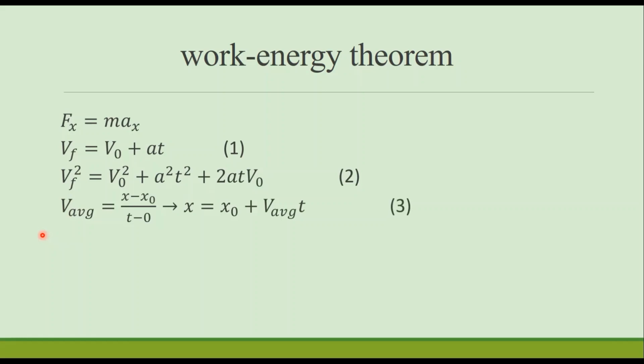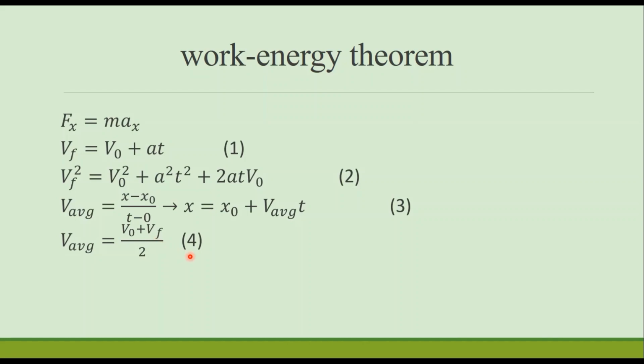As we know, the average speed is determined by dividing the total distance traveled by the amount of time taken for the movement. By utilizing this equation, we can derive equation 3. Due to the constant acceleration of movement and the linear function of velocity mentioned in equation 1, the mean speed within each time interval corresponds to the average of the velocity at the beginning of the interval, which is v0, and the velocity at the end of it, which is vf.